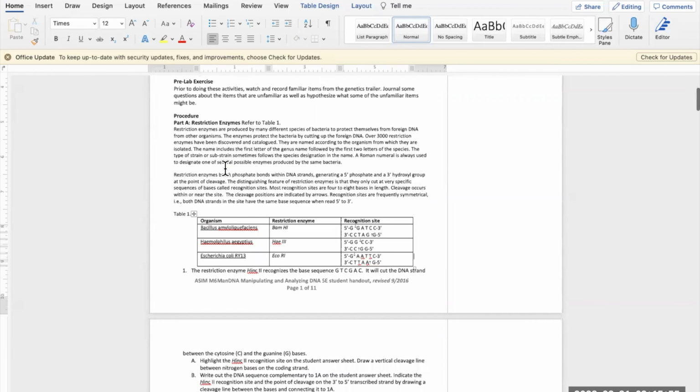Number 2, GAATTC. GAA-TTC, so it should be the opposite on the bottom strand. But this one is a little different, like I said, and it is cut between the guanine and the adenine.